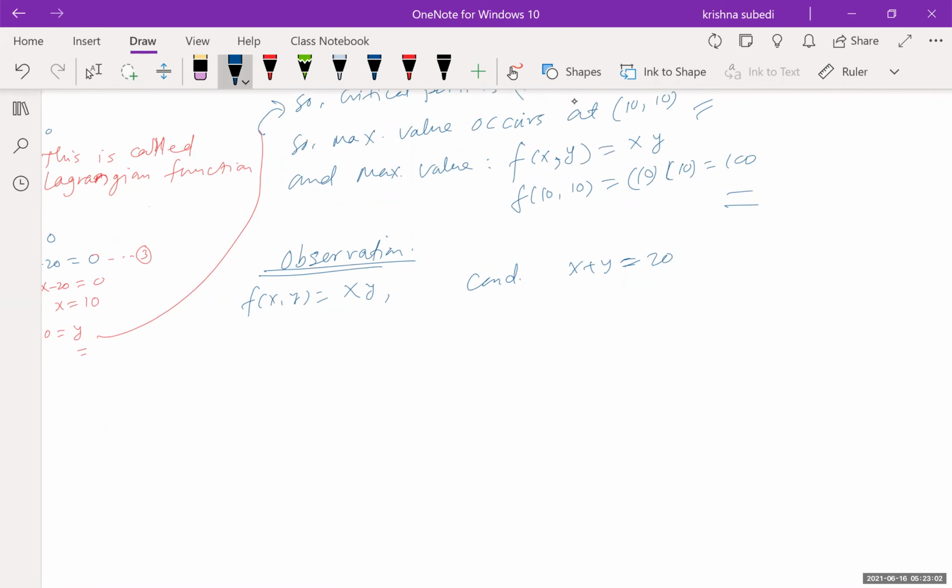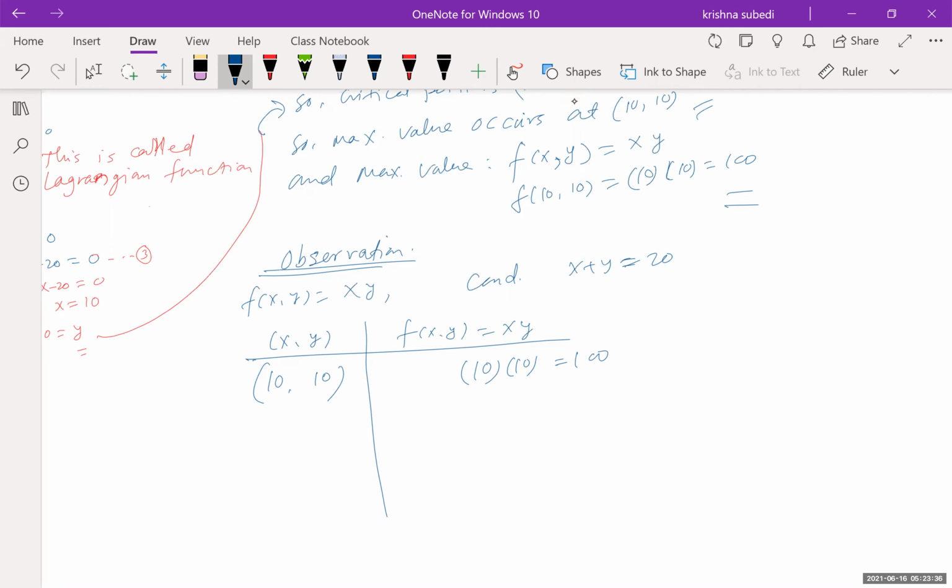What I'm claiming is that when x is 10 and y is 10, then our function value is 10 times 10, because x times y, which is 100. And I'm claiming that this is the maximum.